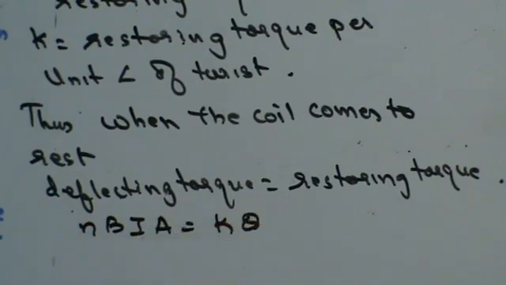Restoring torque we said is k theta. Thus I is equal to k theta divided by nBA, where k, n, B and A are constant. Therefore I can say that current is directly proportional to theta. Thus the angle of deflection of a moving coil galvanometer is directly proportional to the current flowing through the coil, and this is the principle on which a moving coil galvanometer works. Fine, do we get this thing clear?